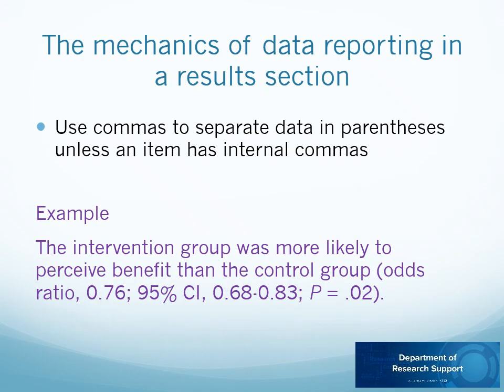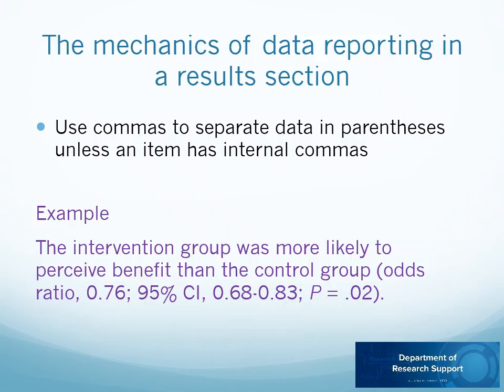A final tip for writing the results section text involves the use of commas and semicolons when reporting data in parentheses. As mentioned previously, the standard convention is to use commas between different types of reported data in parentheses.